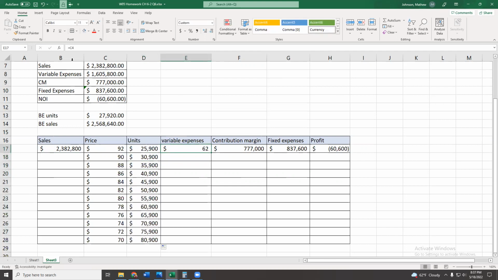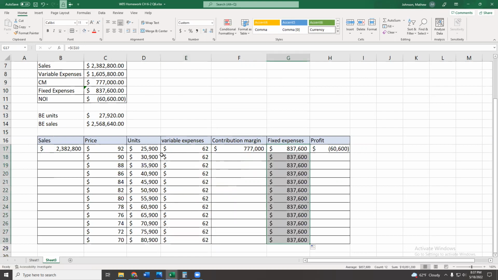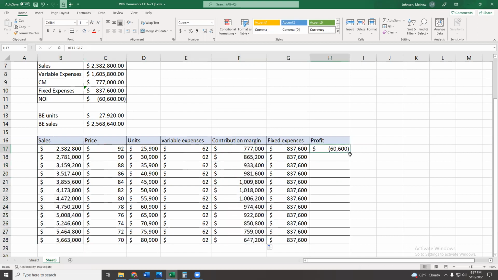The variable expenses stay the same, you can anchor it too. They didn't say anything about a change in variable or fixed expenses, so let's just leave it like that. And because we did the formulas this way, we can just drag down the formula for sales, the same with contribution margin, and the same with the profit.